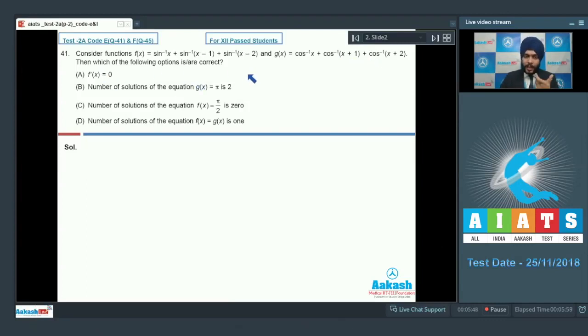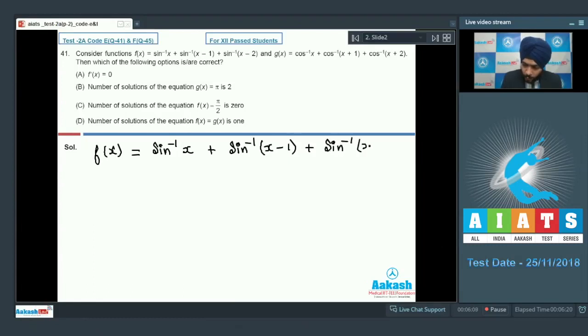Students, we know that sin inverse x is defined for x lying between minus 1 to 1. So for f(x), which is given as sin inverse x plus sin inverse of (x minus 1) plus sin inverse of (x minus 2), all the three numbers x, x minus 1, x minus 2 should lie between minus 1 to 1.